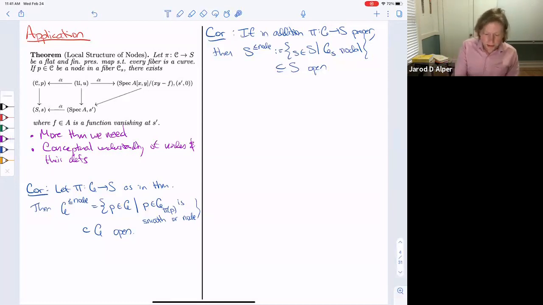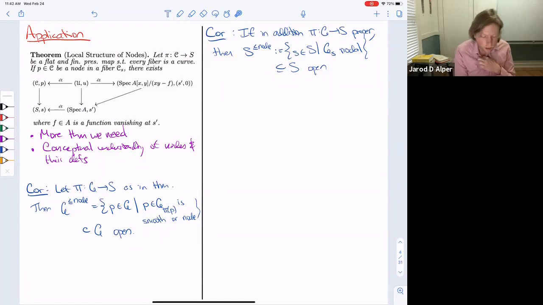And the first is, let's suppose we have a family of curves, C over S, as in the theorem. So it's flat and finitely presented. And then let's look at this locus in the total family of points such that the point in its fiber is either smooth or nodal.